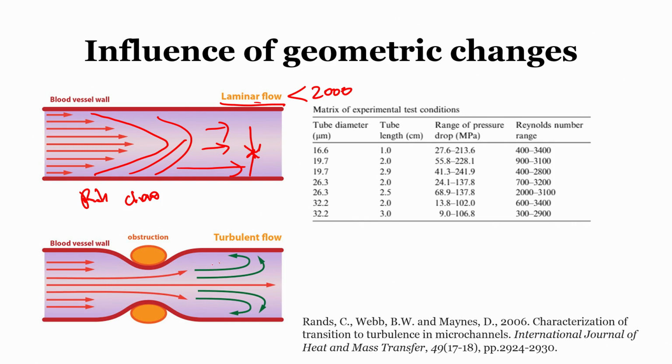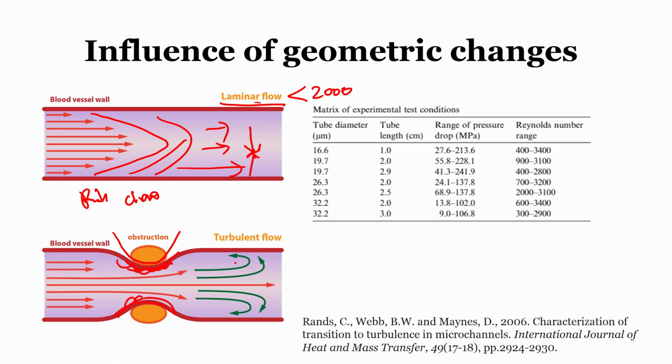as you can see, the turbulence occurs, one, because of the obstruction. The constriction or the obstruction could be because of many reasons. One such is, maybe there is an external organ which is compressing on the vessel, or there could be something interior.